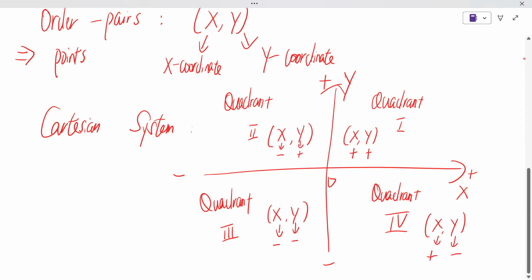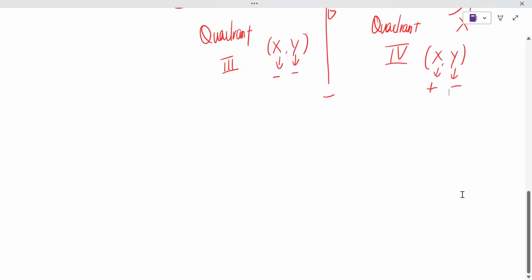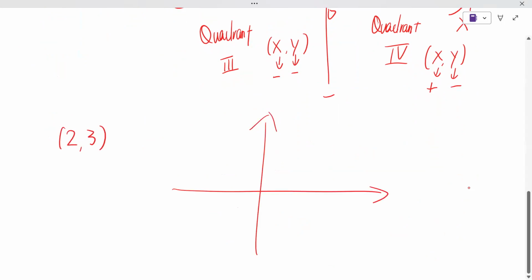This is very important because let's say we are just given an ordered pair, say (2, 3). We know this must be located in the first quadrant because both x and y are positive. Typically the way we graph it or pinpoint the point is: x equals 2, this is 1, 2, and y equals 3, 1, 2, 3.